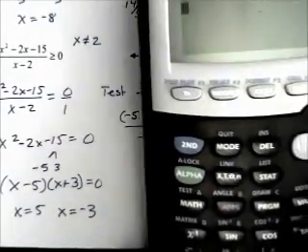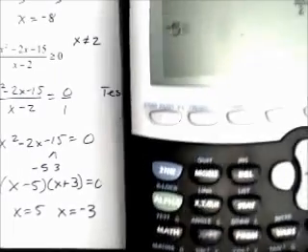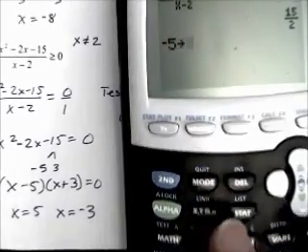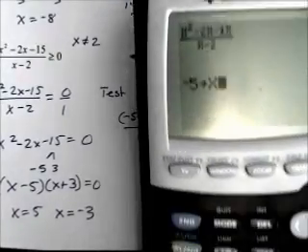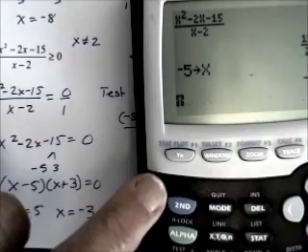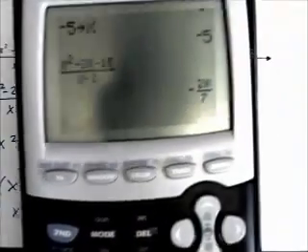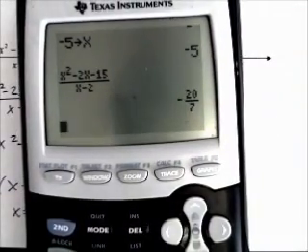So I go to the calculator and we put in negative 5, store as x. Hit enter, and then do second enter 2 times to get the fraction back up on the screen, and then when I hit enter, it gives me the value of negative 20/7.